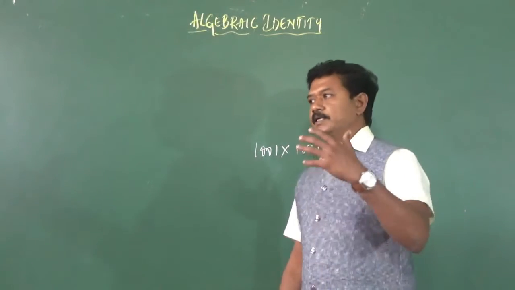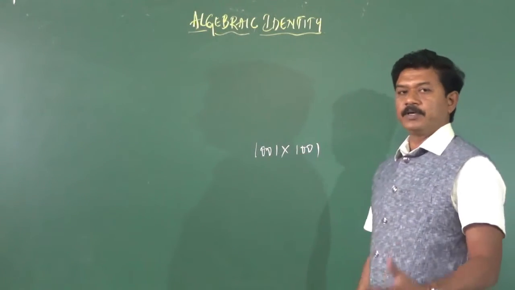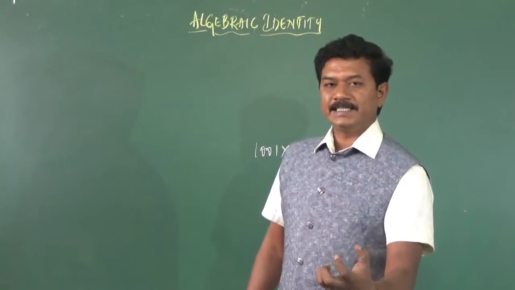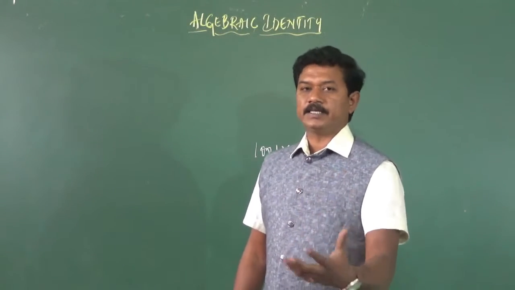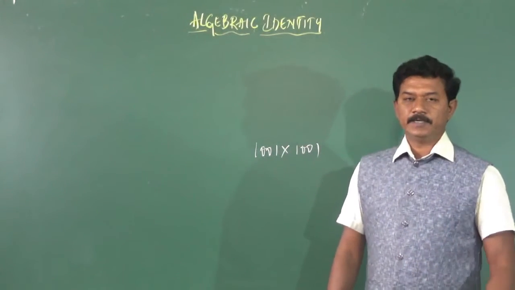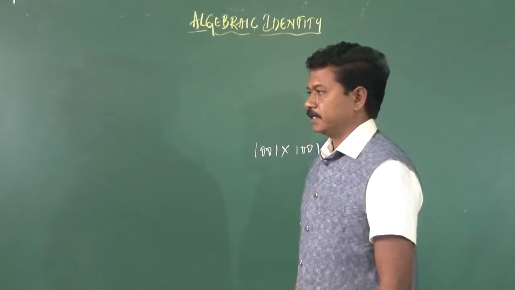But by using an identity to compute 1001 into 1001, the process becomes very concise and accurate, and the speed and accuracy of computation increase by using algebraic identities.